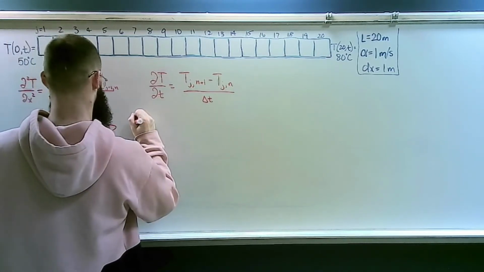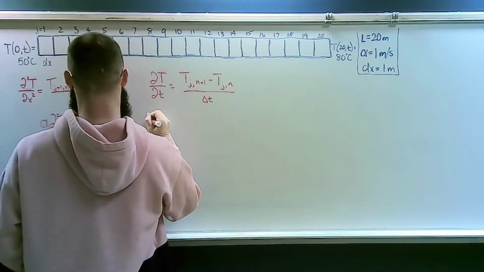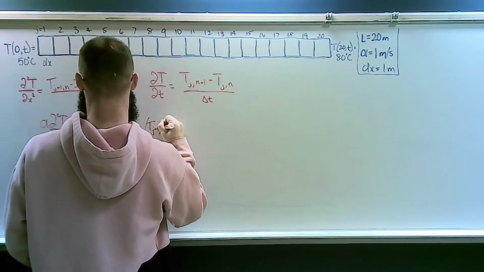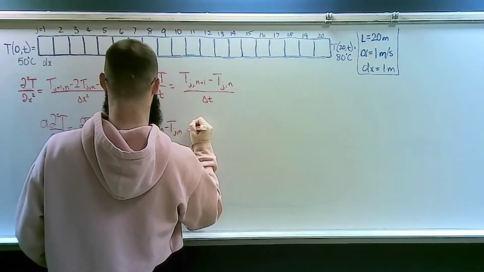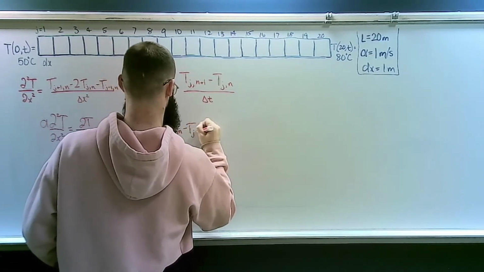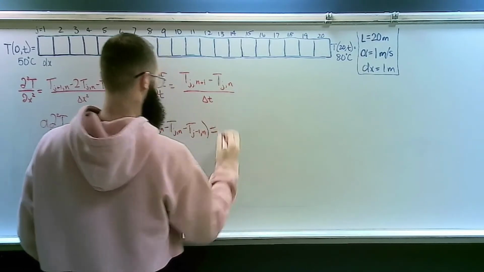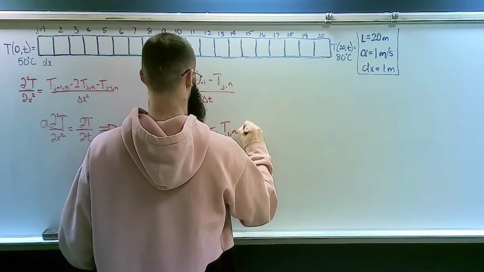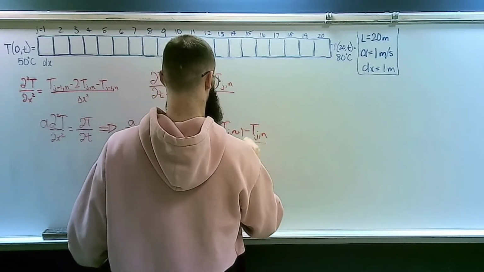That leaves us with alpha over delta x squared times T j plus 1, n, minus 2 T j, n, plus T j minus 1, n, is equal to T j, n plus 1, minus T j, n, all over delta t.